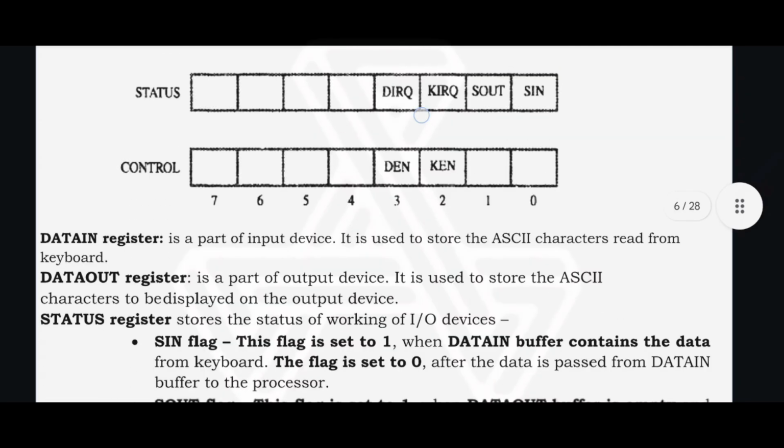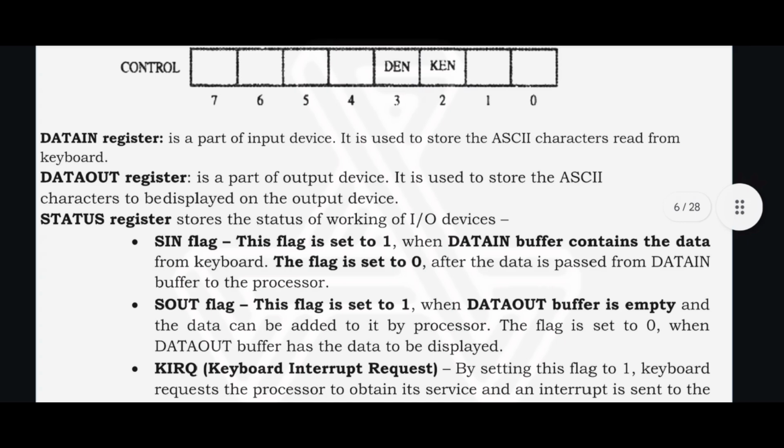Data in register is a part of an input device. It is used to store the ASCII characters read from the keyboard. Data out register is a part of an output device. It is used to store the ASCII characters to display on the output device. Status register stores the status of working of I/O devices.